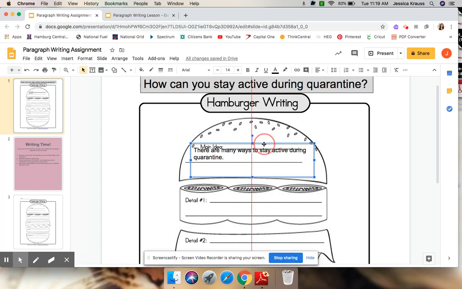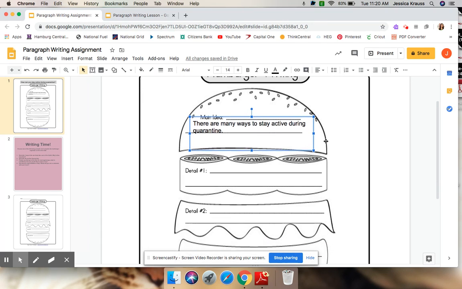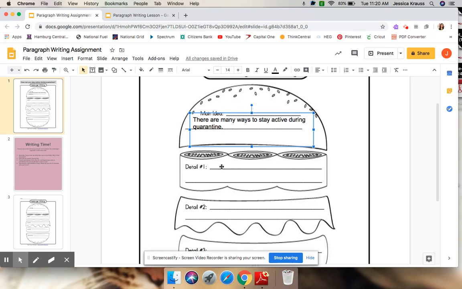And if it's hard to see it, you can move it down a little bit. That's okay. So that is my topic sentence. I've introduced my topic, what I'm going to be writing about, to the reader. Now it's time for detail 1. This has to be a reason or an example of how I can stay active. I know we talked in our Google Meets about this, so I'm going to use my example.